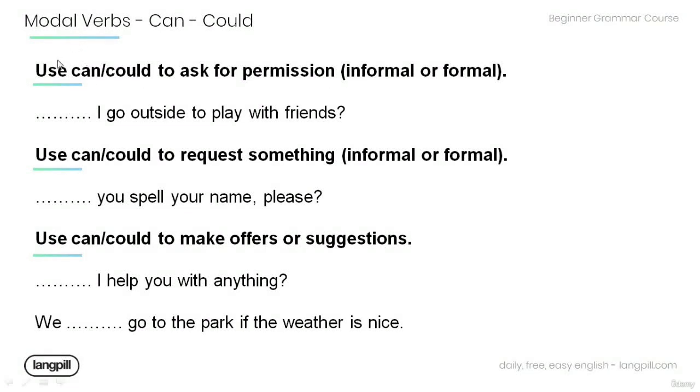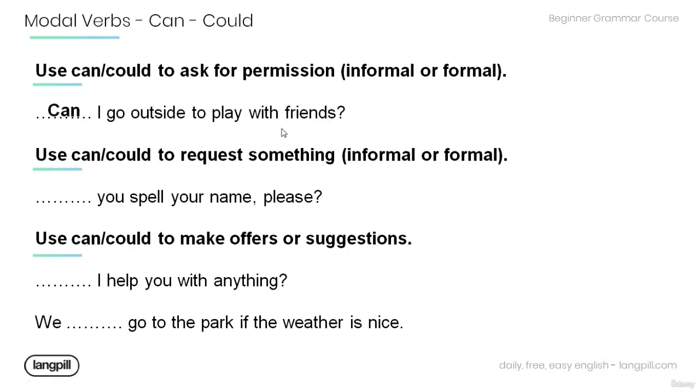Remember that we use can or could to ask for permission, request something, or make offers or suggestions in an informal or formal way. Read the following sentences and fill in the blanks using the appropriate forms of the modal verbs.